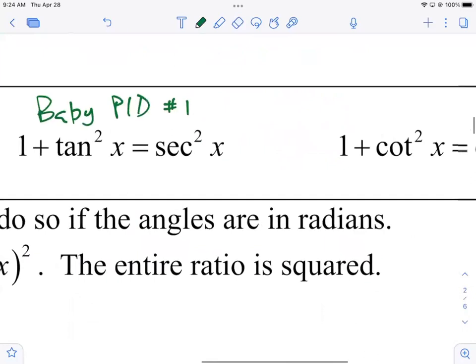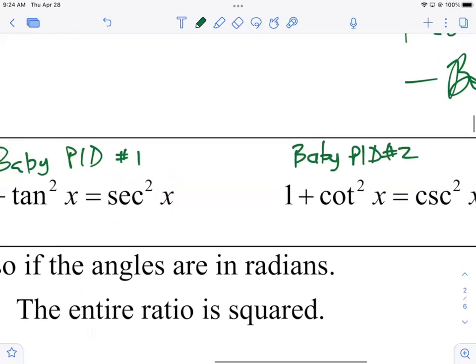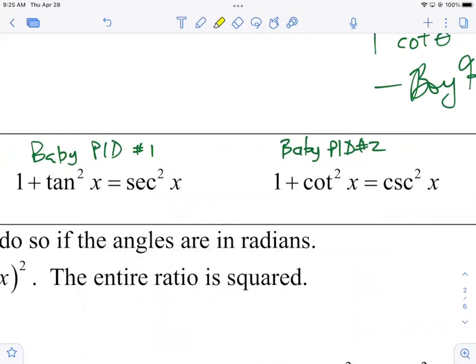So notice if you have baby PID number 1 memorized, baby PID number 2 is easy to memorize, because really, instead of dividing it through by cosine, we divided by sine. What do you notice about the names of the functions involved? On the left, in baby PID 1, it's 1 plus tangent squared is secant squared. And in baby PID number 2, it's 1 plus cotangent squared equals cosecant squared.